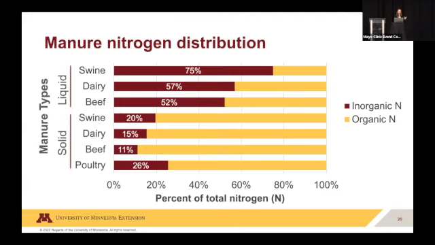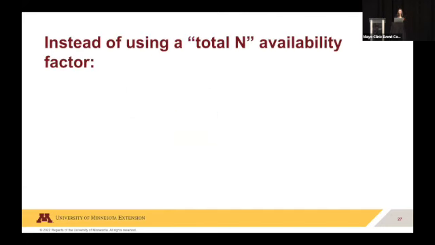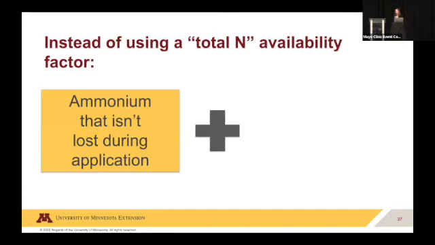If you remember, our current recommendations treat liquid beef and solid beef the exact same, even though they have drastically different ammonia concentrations. So moving forward, and we still need to work on this, we're likely to move to a new system where we're going to look at ammonia that isn't lost during application. That's where the application method is still going to come into play.